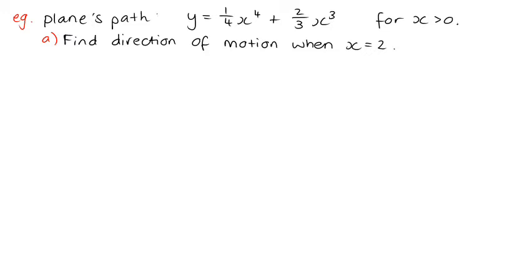So what we're looking for is tan theta equals gradient. To work out theta, what do we need to know? We need to know the gradient. So how do we find the gradient? The derivative, dy dx.